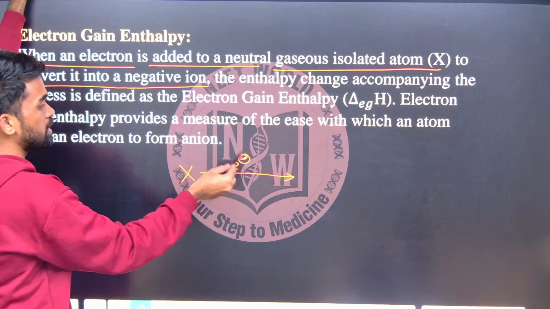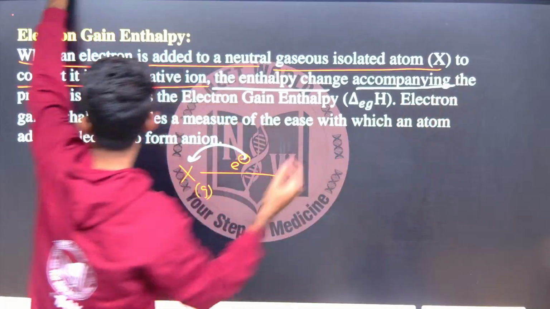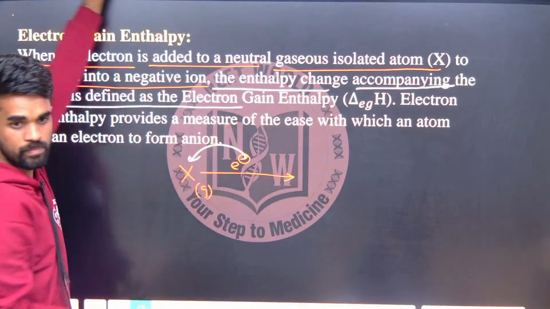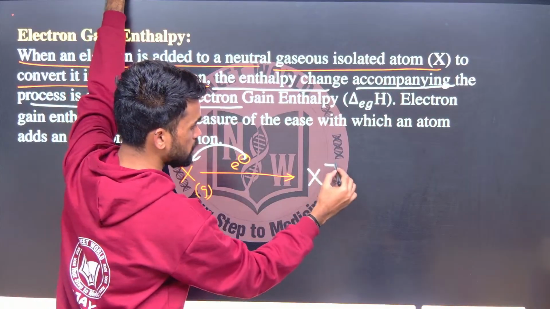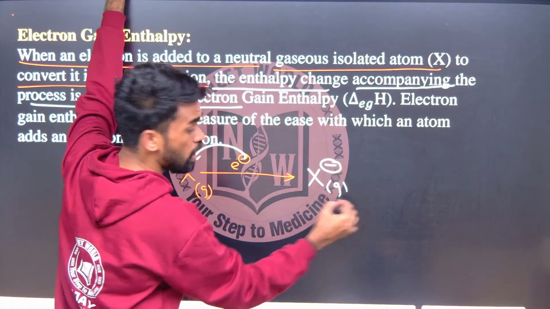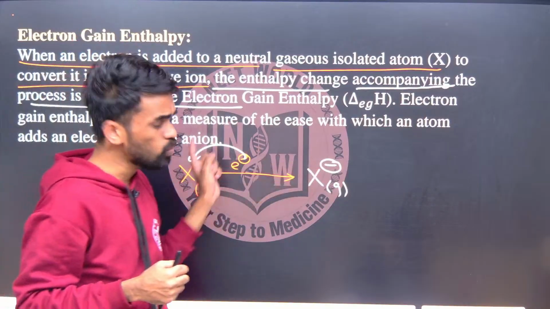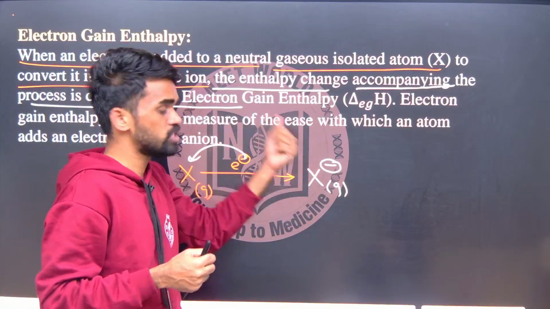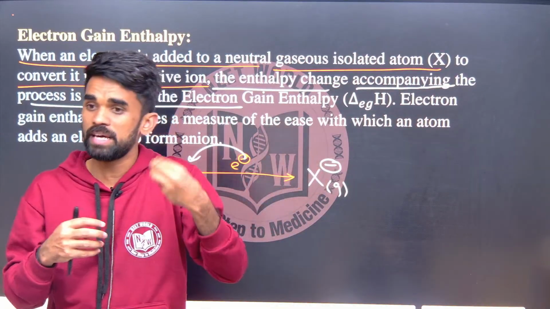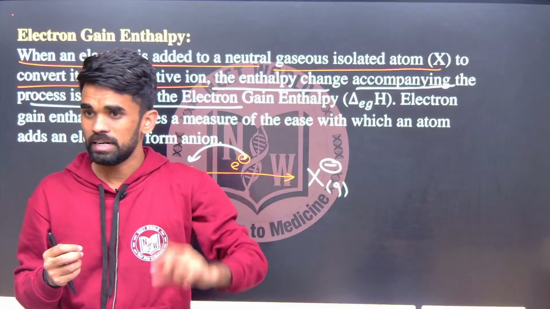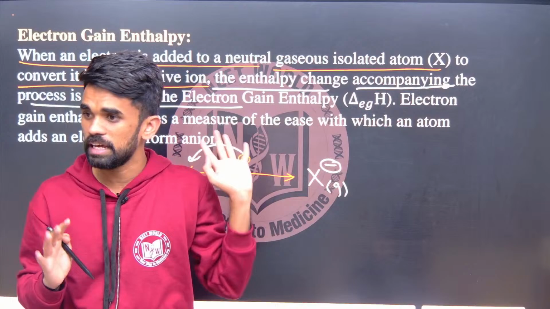The enthalpy change accompanying the process is defined as electron gain enthalpy. A uninegative anion is formed. During this process, energy may be released or absorbed, and whatever the energy change is, we call it electron gain enthalpy.